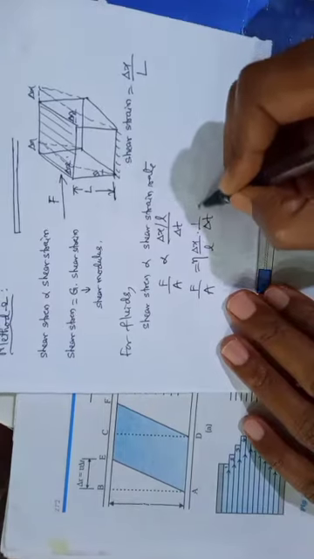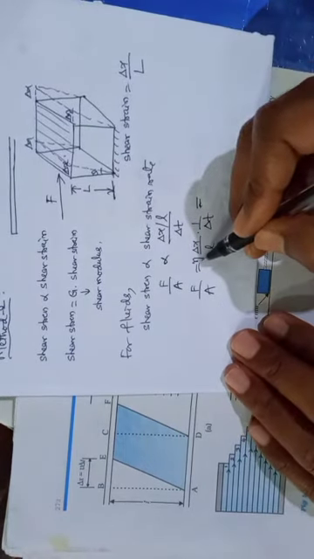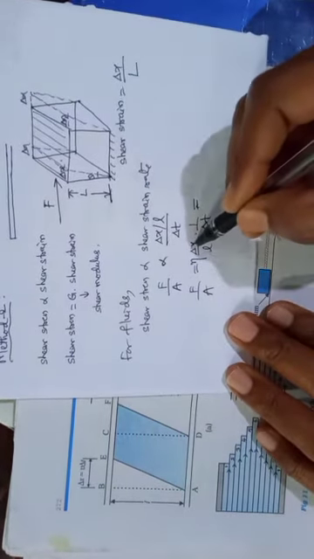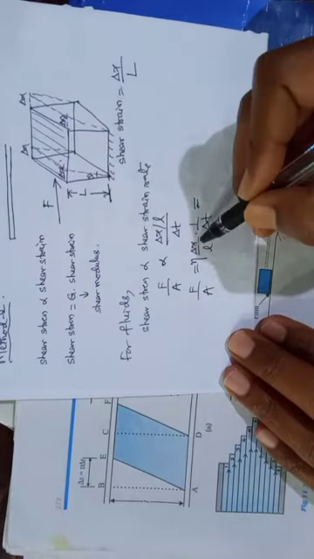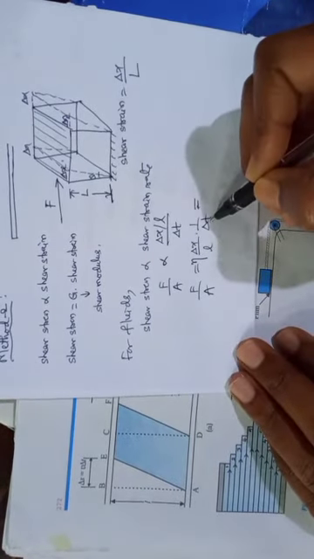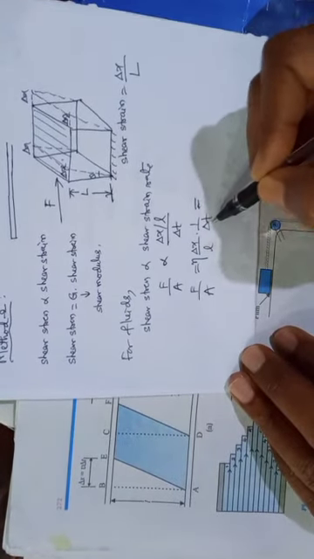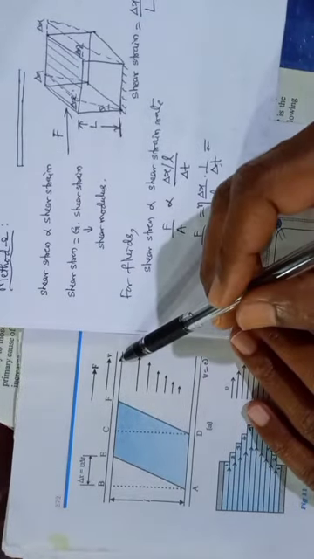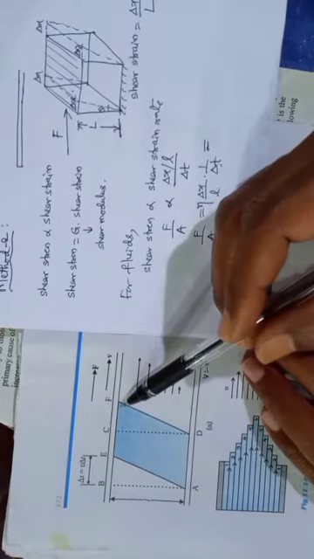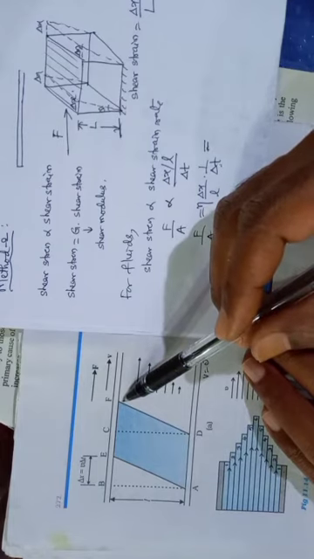Delta x by delta t is horizontal displacement by time, which gives velocity, that is, the velocity of the upper glass plate or the upper fluid layer.